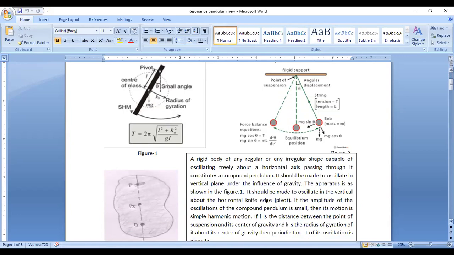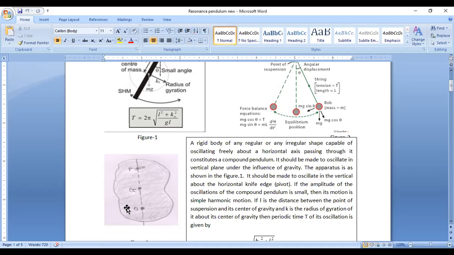So once again, I would like to give the definition of a compound pendulum: any rigid body, either of regular or irregular shape, which is capable of oscillating in a vertical plane about a horizontal axis passing through the rigid body is considered a compound pendulum.